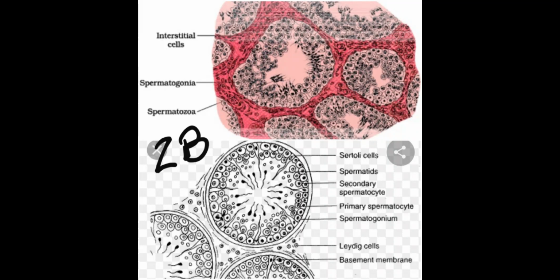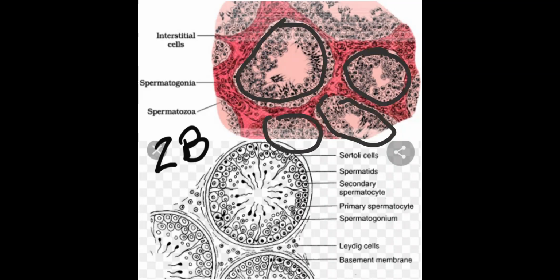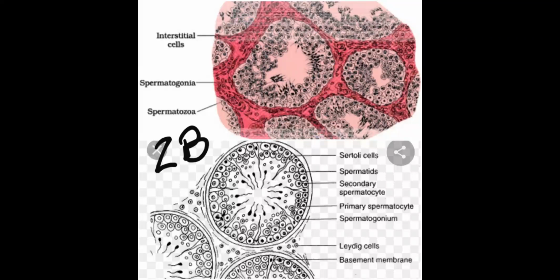Internal structure wise, there are two types of structures to be focused upon. One is the set of tubules present in the testes, the tubules that carry out spermatogenesis. And outside the tubules, in the interstitial spaces between these seminiferous tubules, there are clusters of cells which are called Leydig cells.